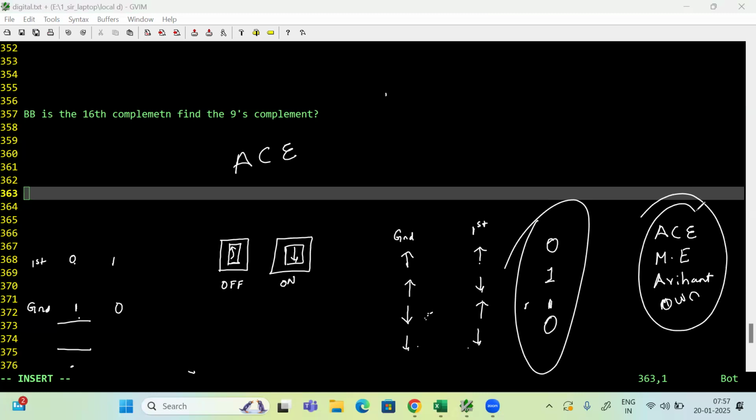During my time, I used to take this book and write it like this, the entire digital, only shortcuts, one day before GATE.